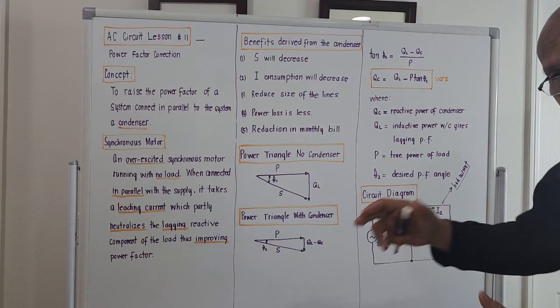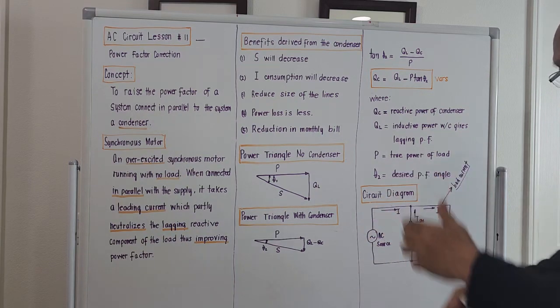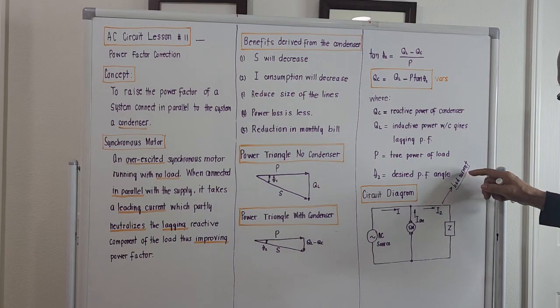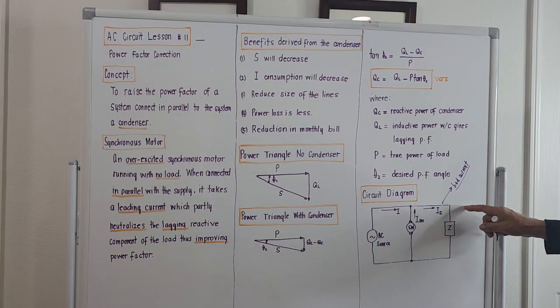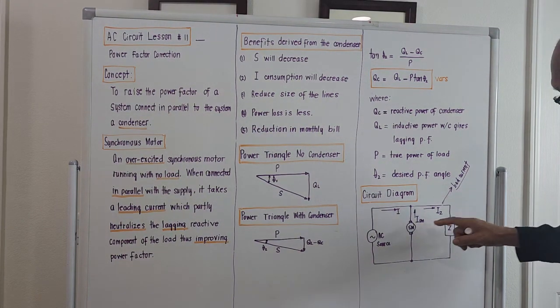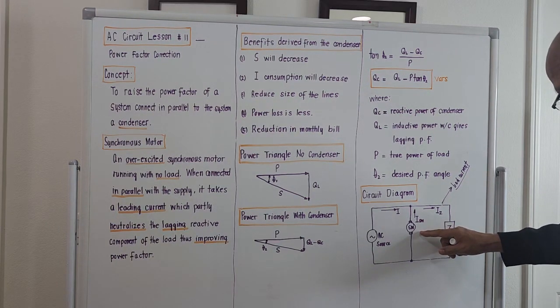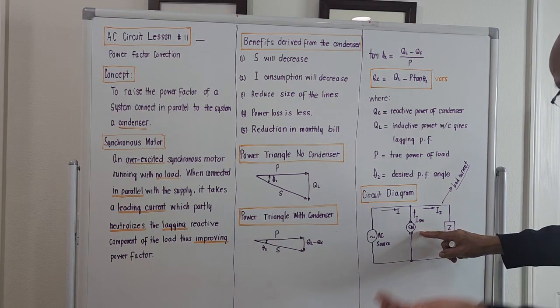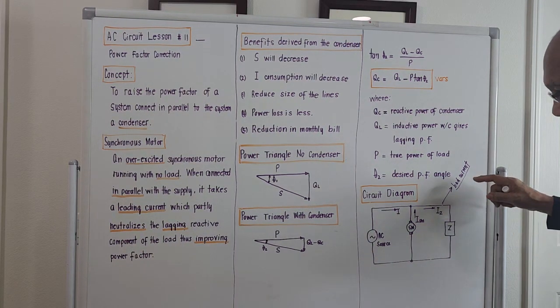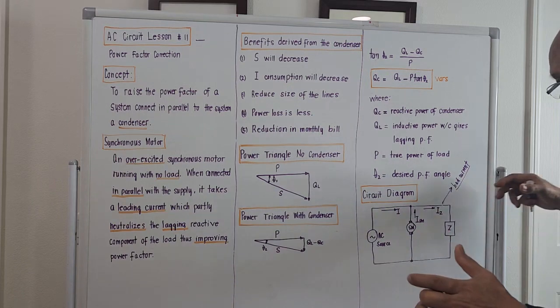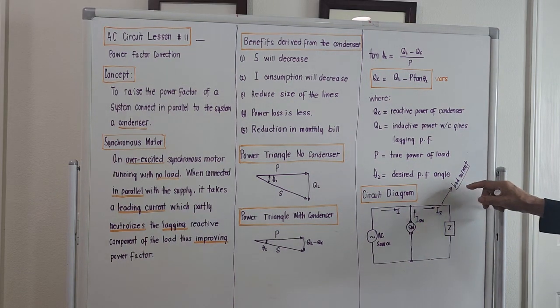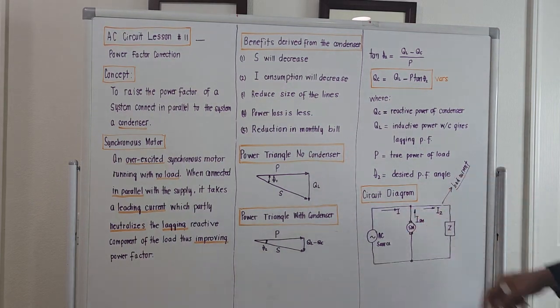In the circuitry, it is something like that. The bad current drawn by the motor loads will be contradicted by the good current produced by the synchronous motor, which acts like a condenser. Because the current produced by this will be different from this, they try to interact, so the bad effect of the bad current will be less.